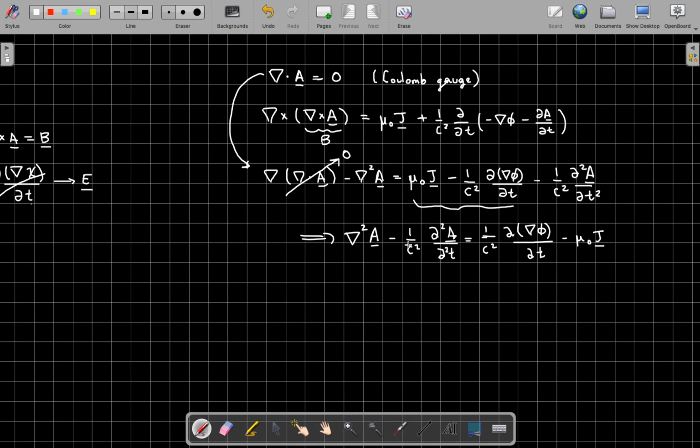And I'll do this as follows. So I'll start off again with this equation, but I won't assume the Coulomb gauge, right?